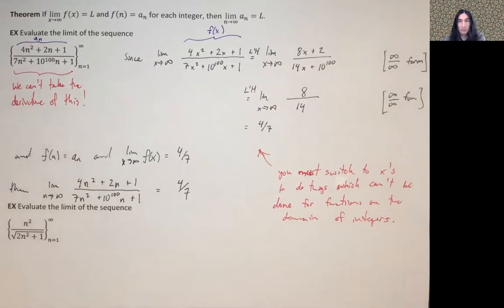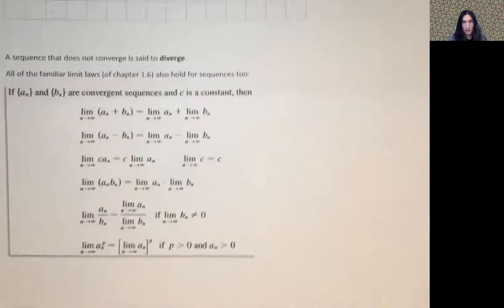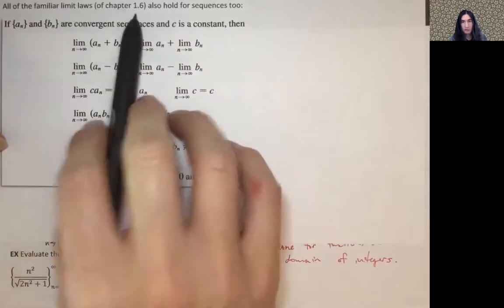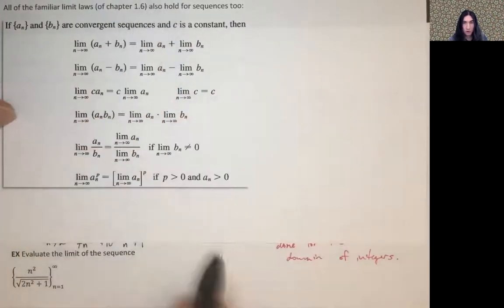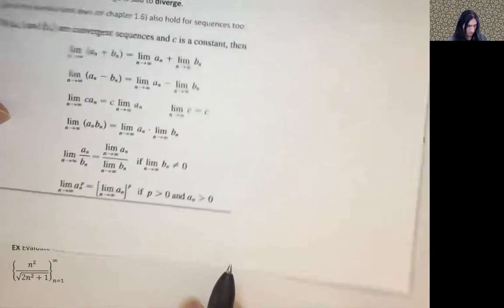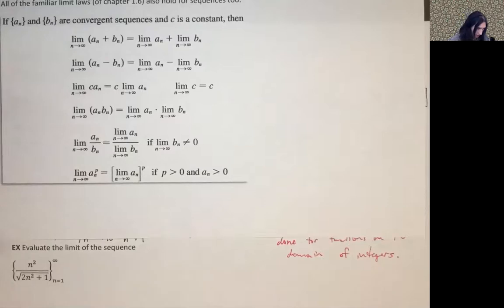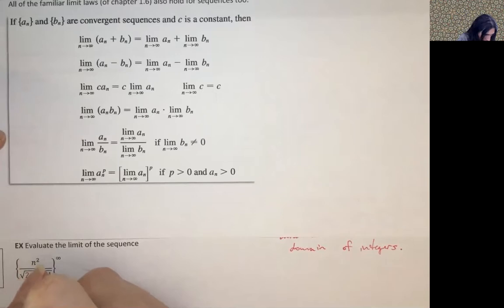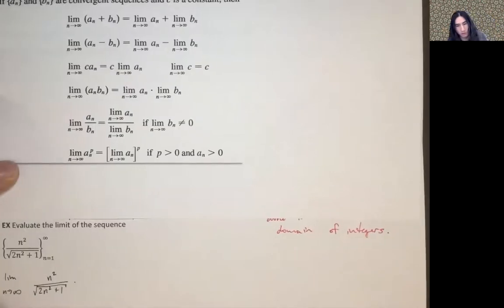But because we have these rules here, we don't always need to do so. Like we said, most of the laws of 1.6, most of the old limit laws that you're familiar with, also apply to sequences. So let's go ahead and do this one right here. For instance, I want to take the limit as n goes to infinity of this expression. Then I can do something that doesn't require me to switch to x's.